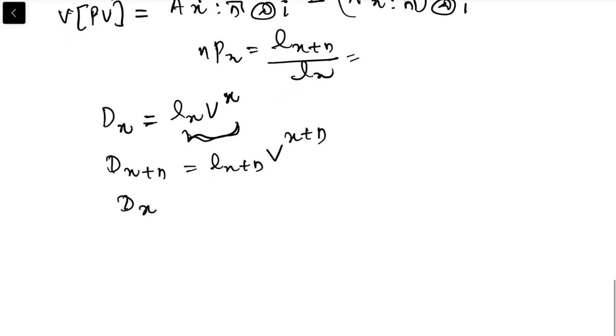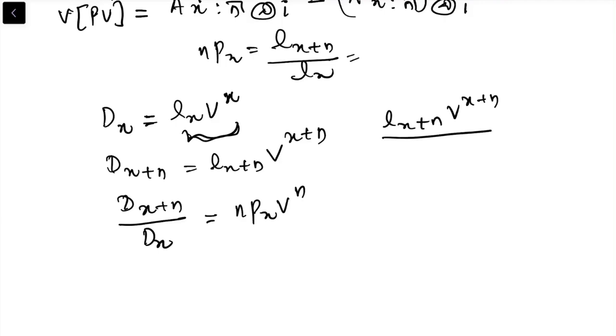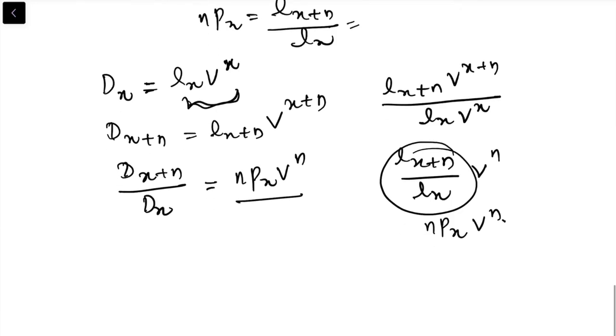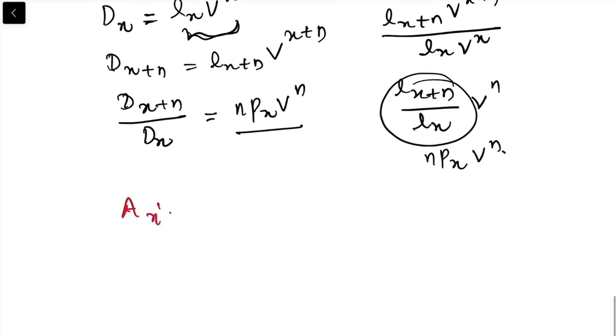If we divide D(x+n) by Dx, this is v^n times npx, right? L(x+n) v^(x+n) divided by Lx v^x, so this is L(x+n) divided by Lx, times v^n, and this thing is npx v^n. All right, so now you can write a(x:n) as ax minus D(x+n) divided by Dx times a(x+n).